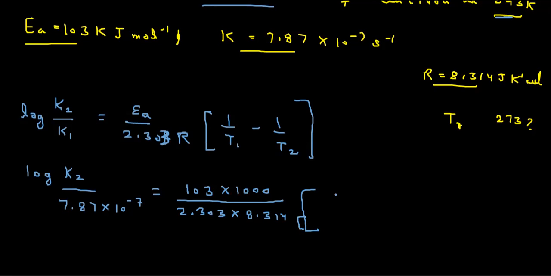And this is 1 by T1. What is the value of T1? T1 value is 273 minus T2 value is 293.